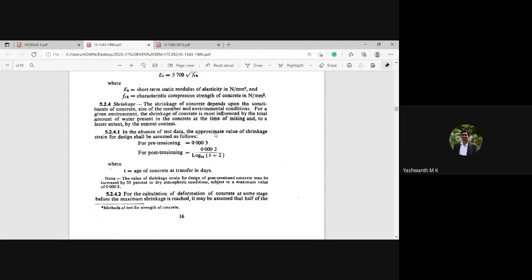But instead of the residual shrinkage strain epsilon cs being given, in the absence of that data, we need to go ahead with these methods.